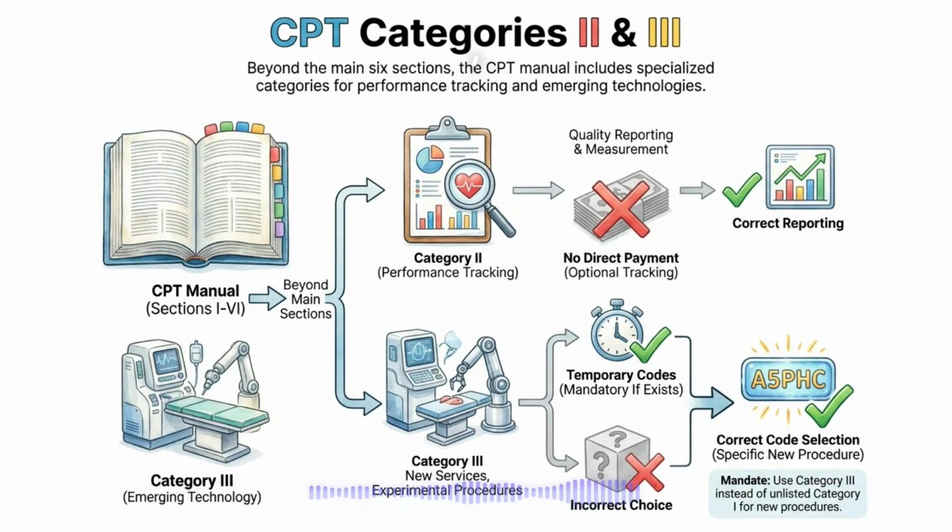Category 3 codes are temporary codes used to track emerging technologies, brand new services, and experimental procedures that have not yet been approved for a permanent code. If a Category 3 code exists for a specific new procedure, the official guidelines mandate that you must use it instead of an unlisted Category I code.